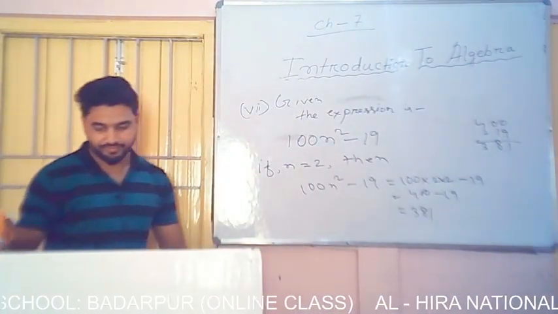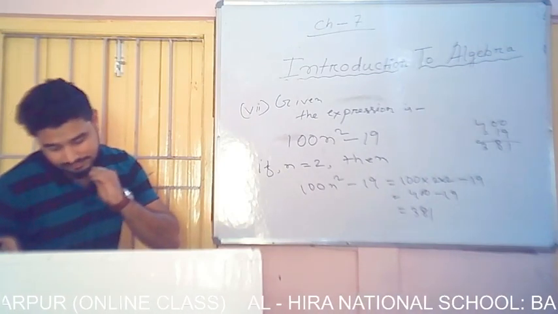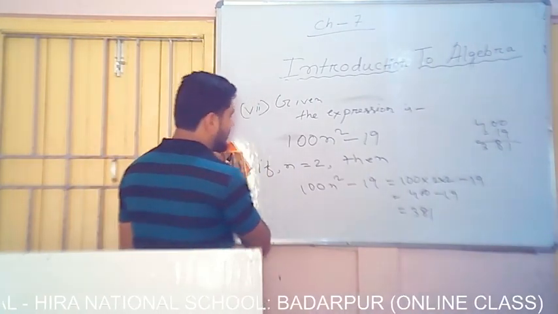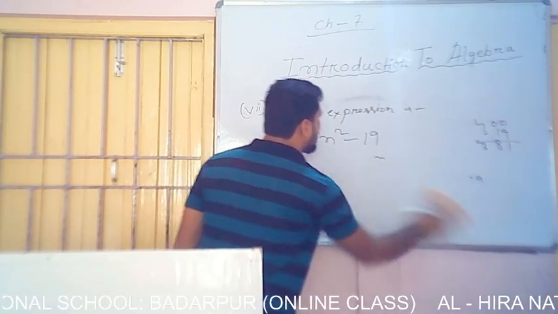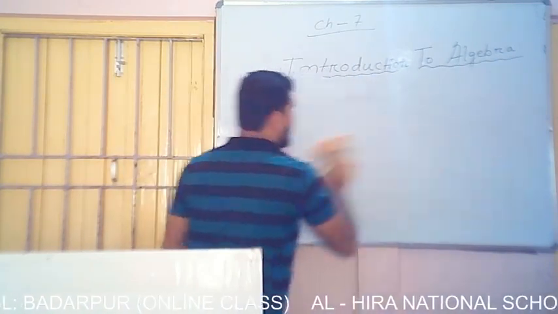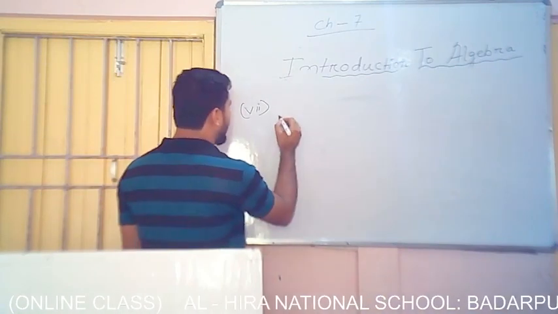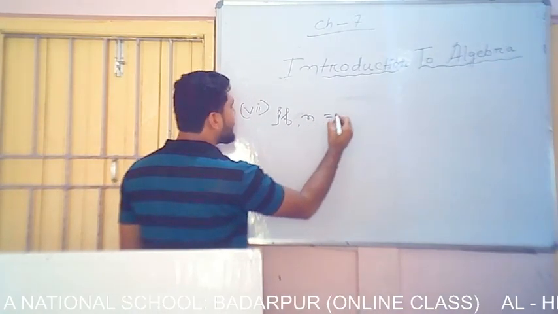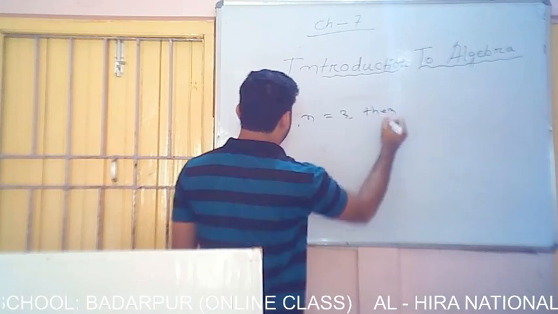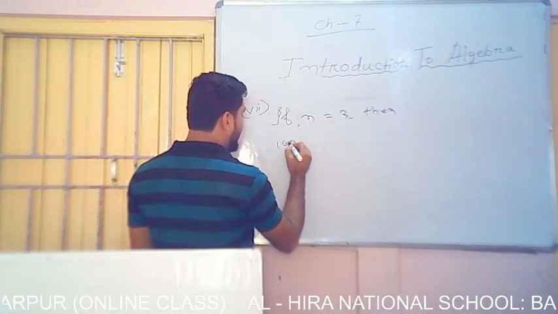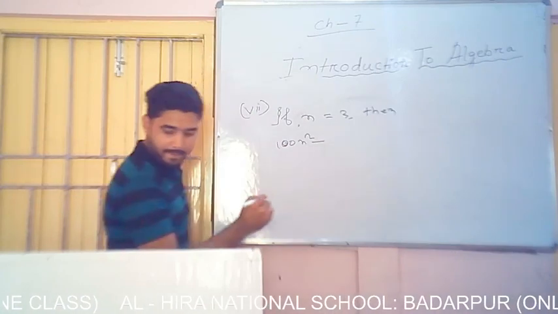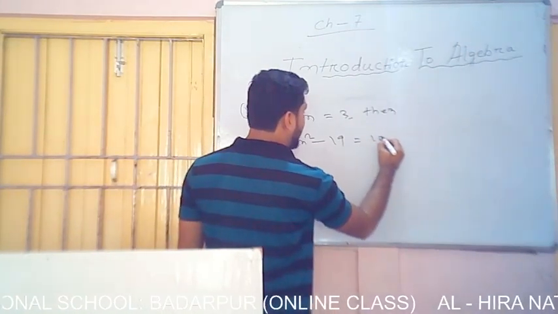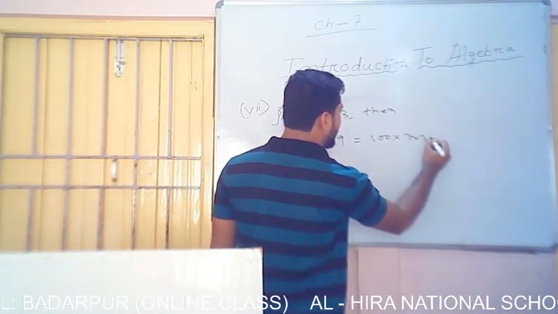Now we should find if n equals 3. If n equals 3, then 100 n square minus 19 will be 100 into 3 squared minus 19.